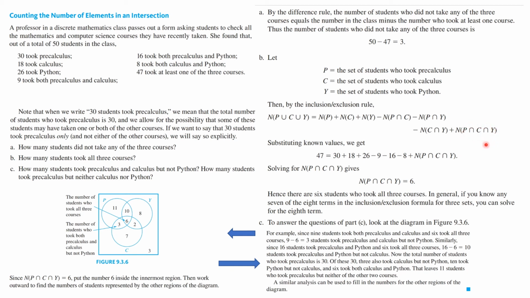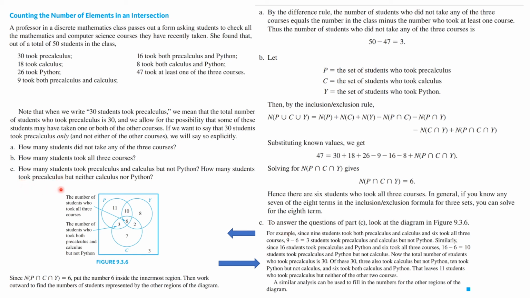This is what we're trying to find. We have numbers for everything else, so we put all the numbers in, and we solve for this, and we find it's 6. Hence, there are 6 students that took all 3 courses. In general, if you know 7 of the 8 terms in the principle for 3 sets, you can solve for the 8th term.